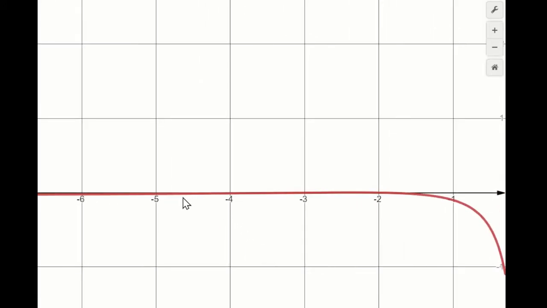But then at some point it does look like the graph in red crosses through the line being the x-axis here. So now if we zoom in, if we put in some really good zoom, it doesn't look like it's happening at -4.